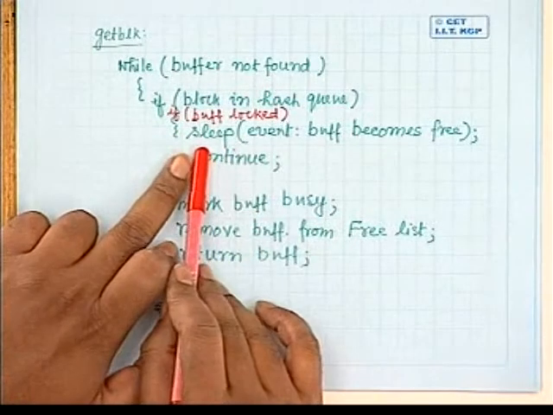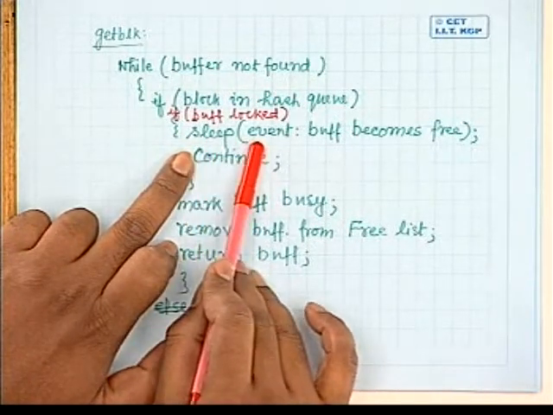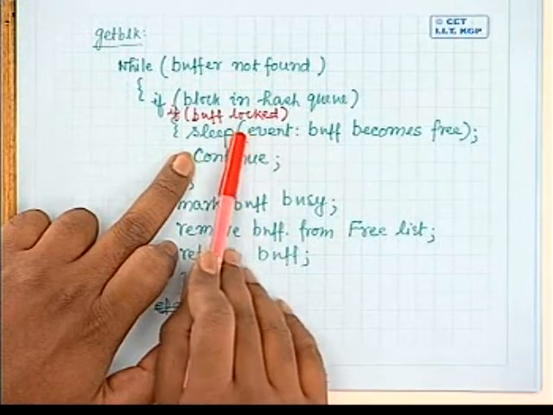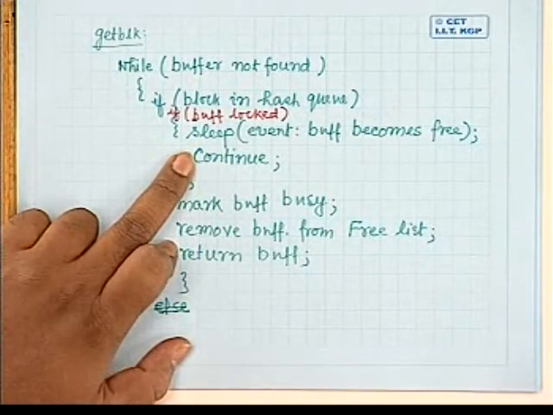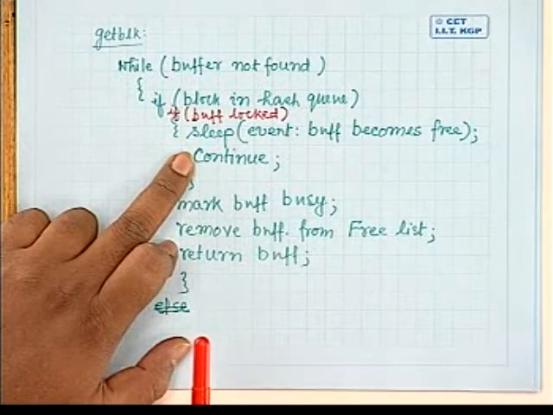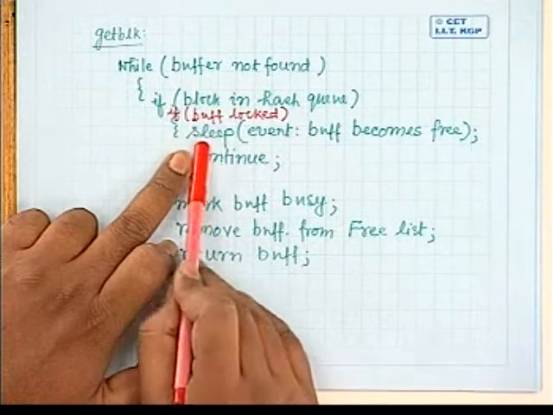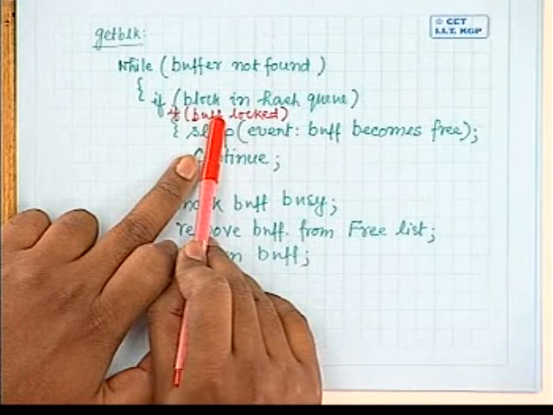So in that case, the process that has requested it has to go to sleep mode, and it has to sleep until this buffer becomes free, because I don't have to get a new buffer for reading in the block again and put it into one of the buffers, since in that case there will be duplication of data. So to avoid that, the process that has requested this block goes to sleep mode, and it will be in sleep mode until this buffer becomes free.